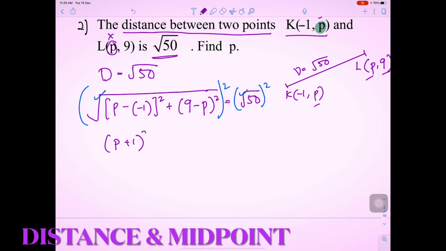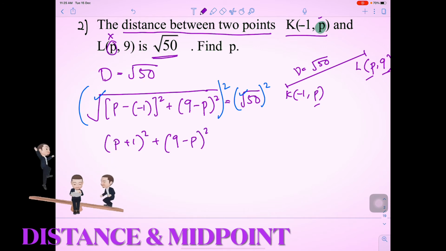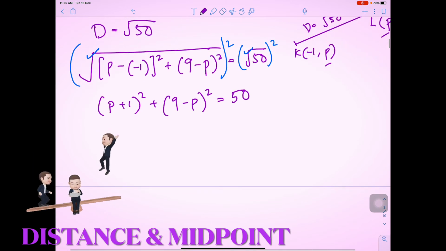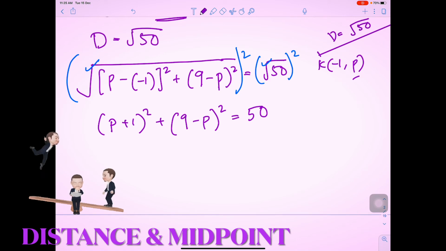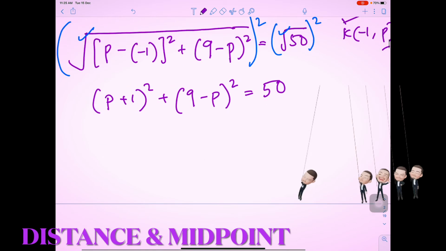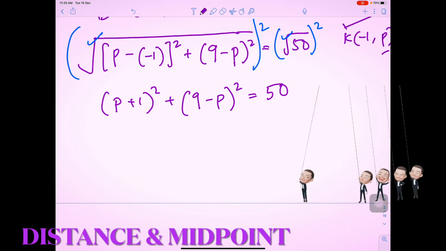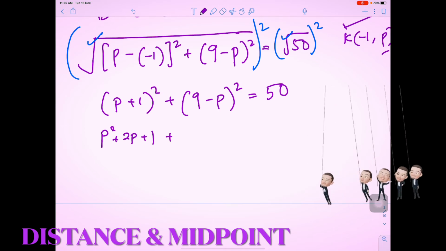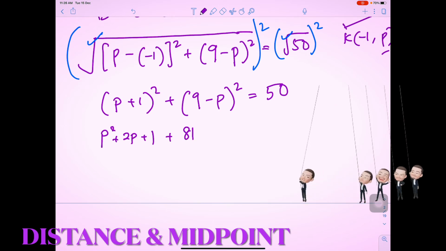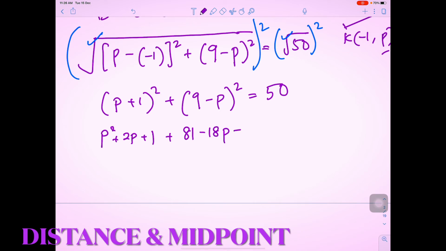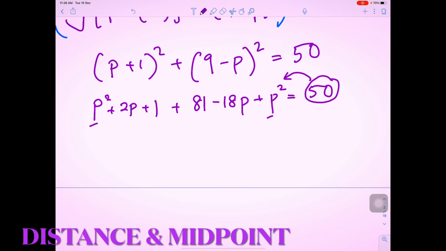So now it becomes (p plus 1) squared plus (9 minus p) squared equals 50, because the square root or surd is already eliminated. Then you expand the bracket, so we get p squared plus 2p plus 1 plus 81 minus 18p plus p squared equals 50. Simplify and bring 50 to the left hand side, where it becomes subtraction.